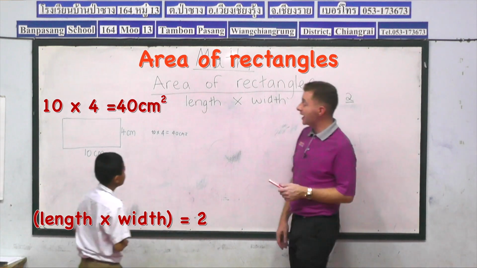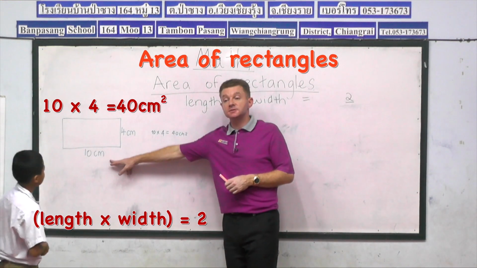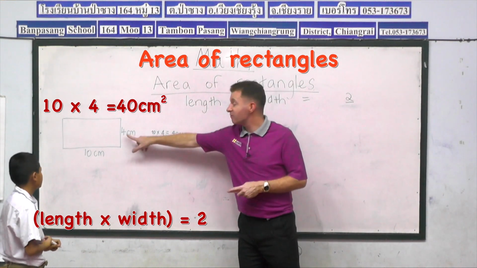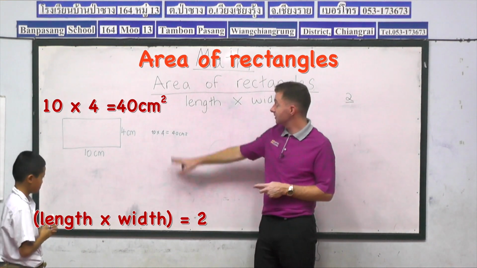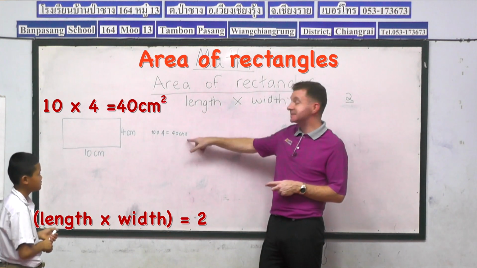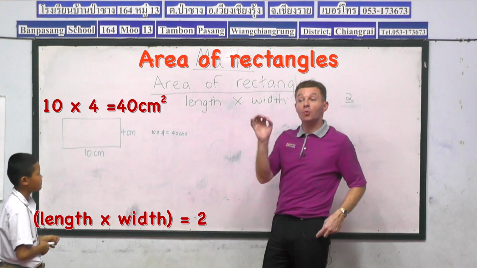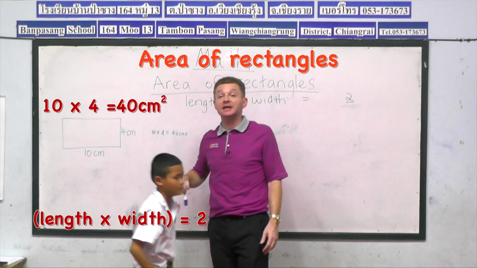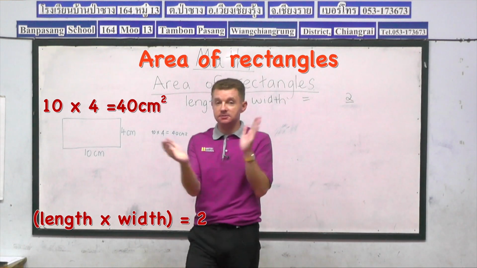Excellent. So we can say 10 centimeters multiplied by 4 centimeters equals 40 centimeters squared. So well done, Chu.